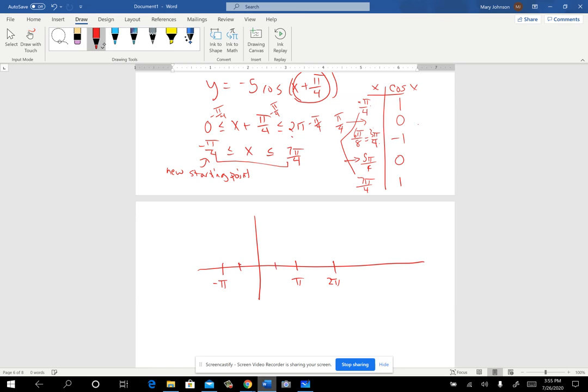So let me get these cut in half, and then each of those cut in half, since my key points involve denominators of 4s. It's going to start here at 1 at negative pi over 4. It's going to go to 0 at pi over 4. It's going to go to -1 at 3 pi over 4.